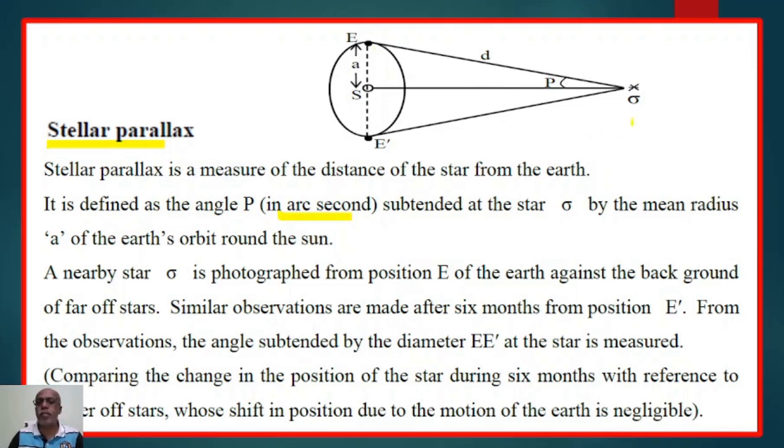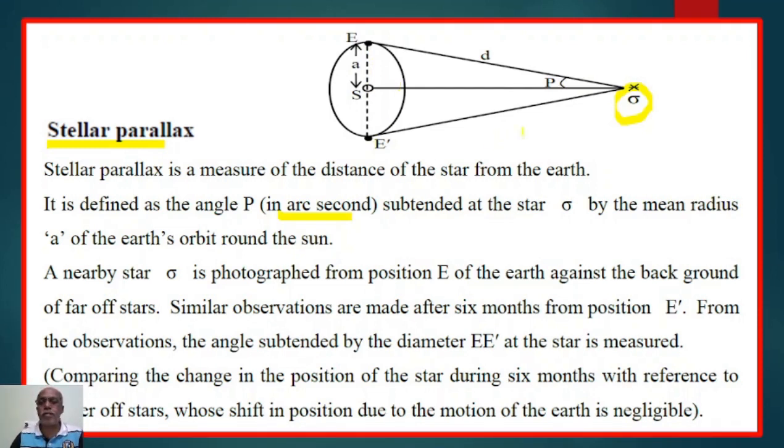We have considered the star as sigma. Sigma is our star under consideration. And if this star makes an angle P, that too in the arcsecond, with the radius of the Earth's orbit around the Sun, then that angle we call as the stellar parallax.